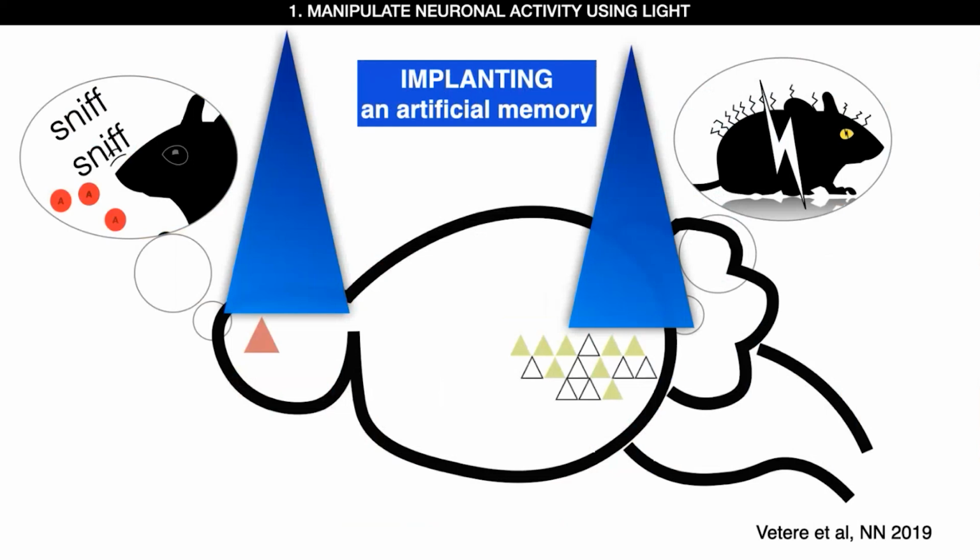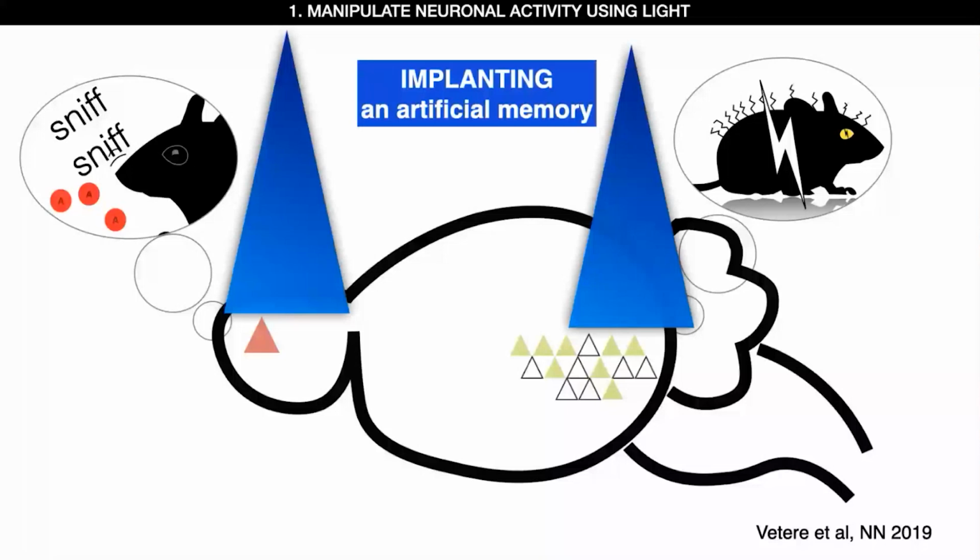So this is an example of one of the experiments that we did, and this is again using both a transgenic mouse and viral infection. So we had this crazy idea, and this is in 2019 when I was still a postdoc in a laboratory in Toronto. We had this crazy idea of trying to implant an artificial memory in mice.